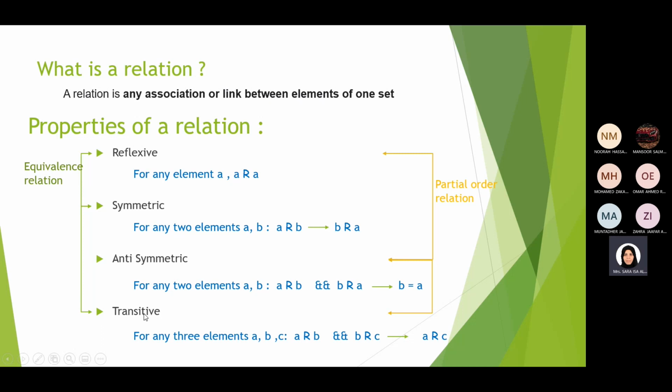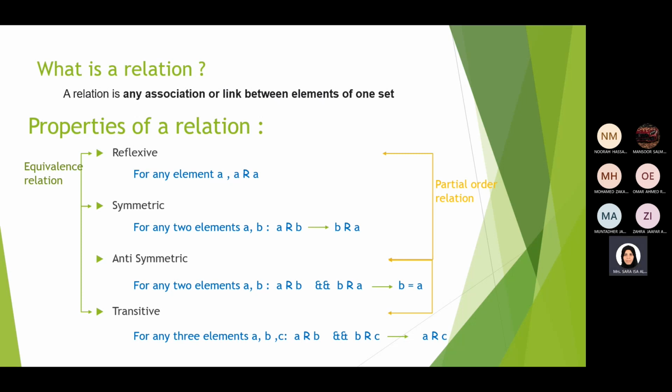The question sometimes says, show that this is an equivalence relation. You should know directly equivalence, معناته it should be reflexive, symmetric, and transitive. So you have to check only these three properties. In case you find it is not reflexive from the beginning, no need to continue. So it is not an equivalence relation because it is not reflexive from the beginning.